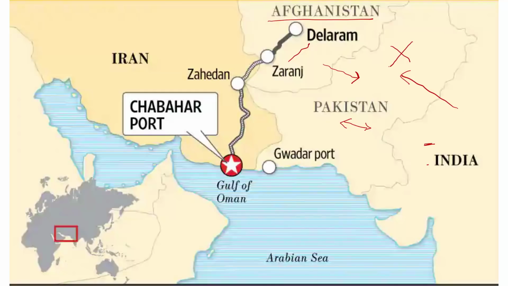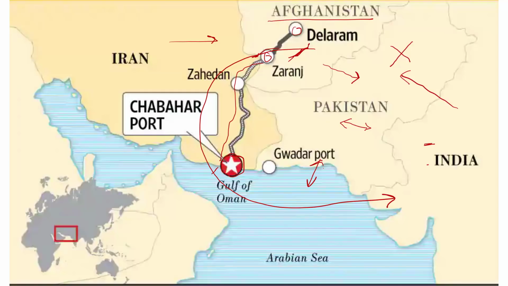There is an alternative. What is the alternative? The Zaranj Dilaram Road leads to the Iran border, and through this Iran border, we can reach the Chabahar port. That means through Chabahar port, Afghanistan will have a link with India bypassing Pakistan. And this is very important for both Afghanistan as well as India.